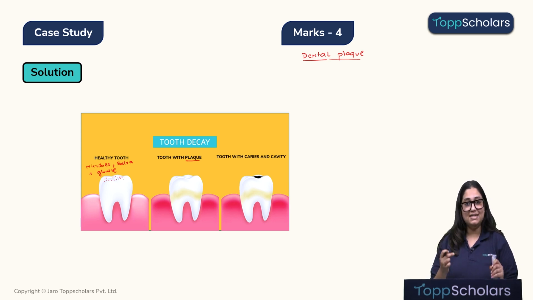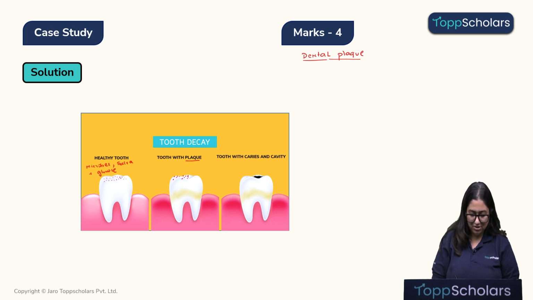Now, the bacteria which are present in this plaque will release enzymes that will digest this food. And when they start digesting this food, it produces acid. Yes, literally, your tooth is covered by acid produced by these bacteria. So, your tooth has all these acids on it.